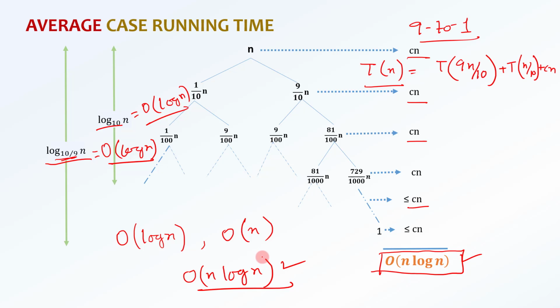So the best case running time of the quicksort algorithm is order of n log n, as well as the average case running time also has time complexity order of n log n, and only in the worst case quicksort has the performance with the running time of order of n square.